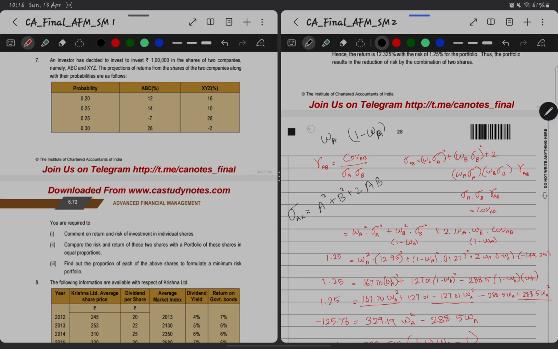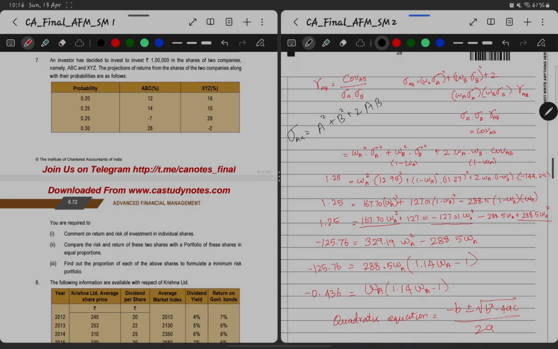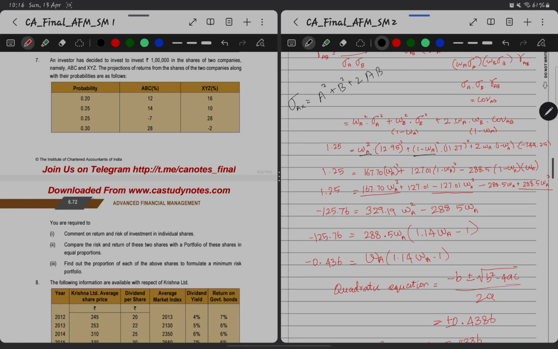If the weight is 40% in case of A, then obviously the balance is 60%, as there are only two stocks in the given portfolio. So for the weight of B, we have taken 1 minus weight of A, but this will also give us the same result.